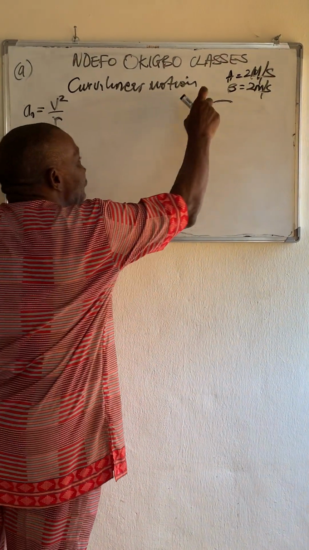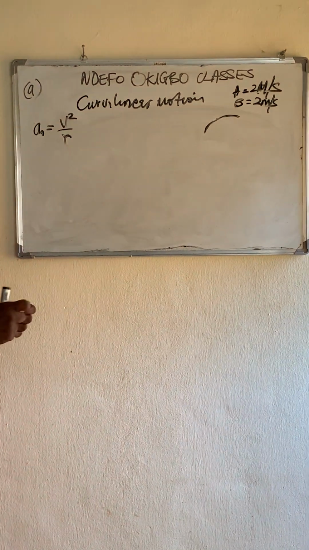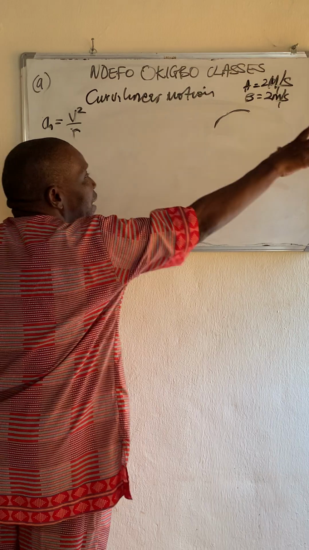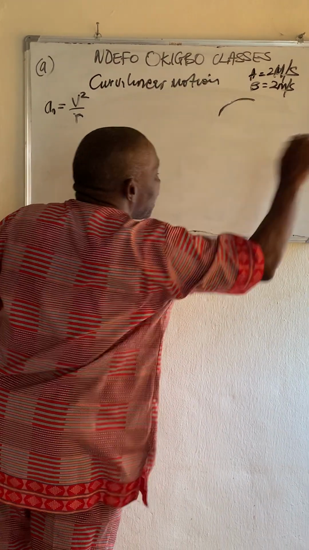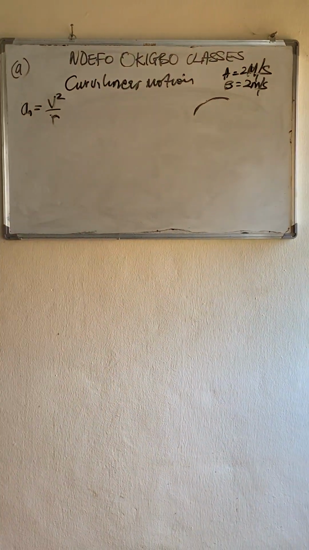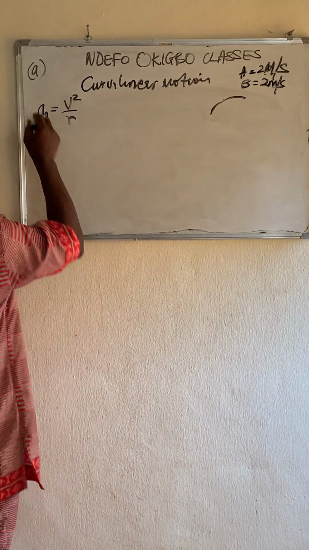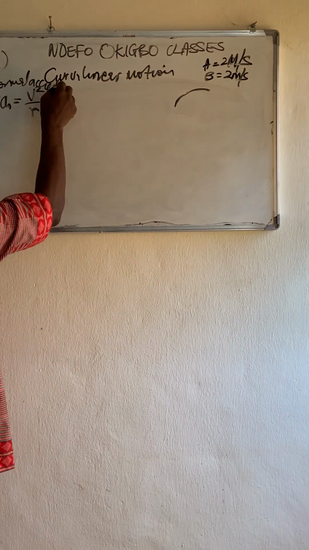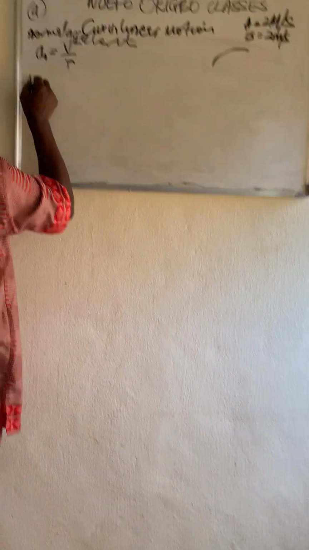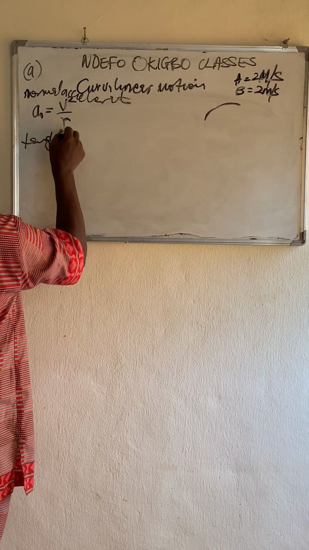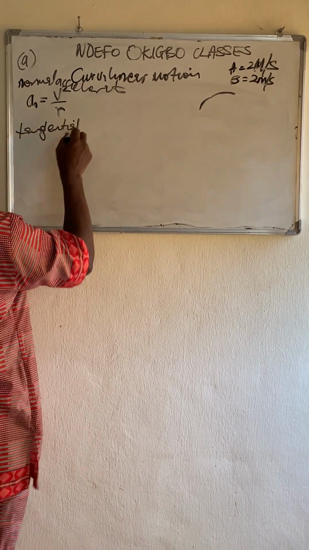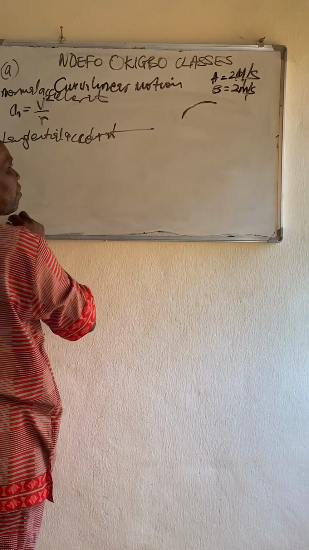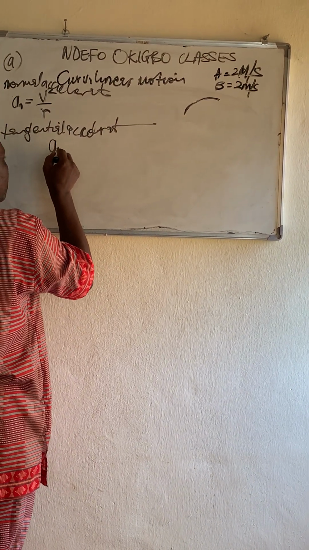But when we talk of the acceleration that occurs as the body changes direction and the quantity changes, we talk of what we call tangential acceleration. Besides this normal acceleration, we have tangential acceleration, which in this case is A with small t.